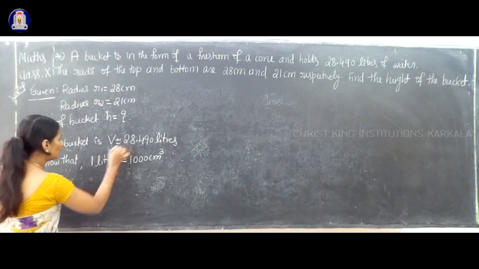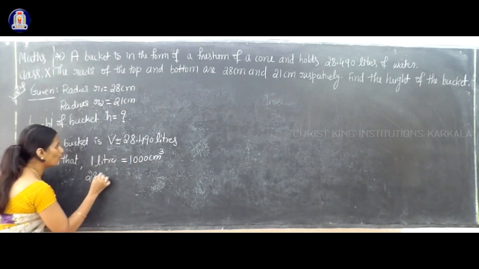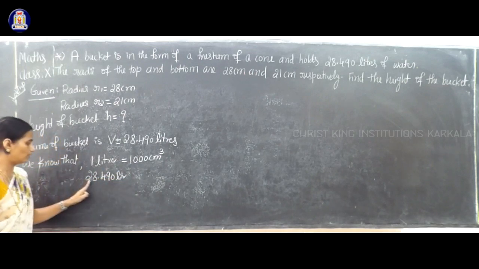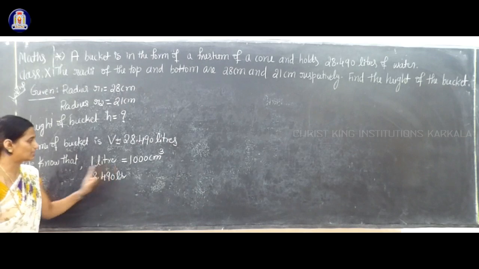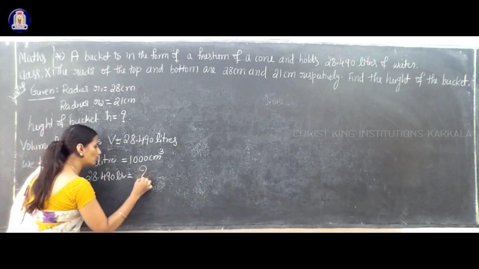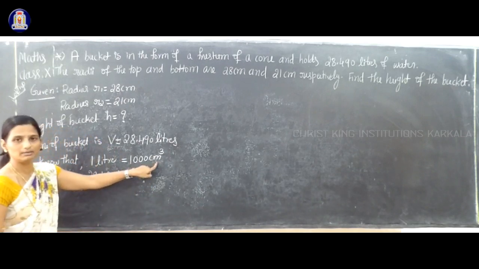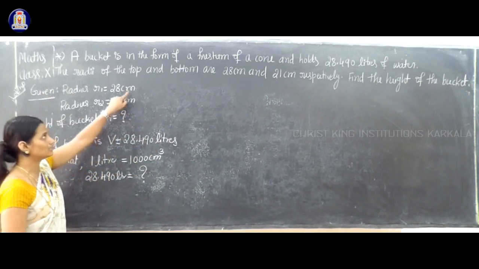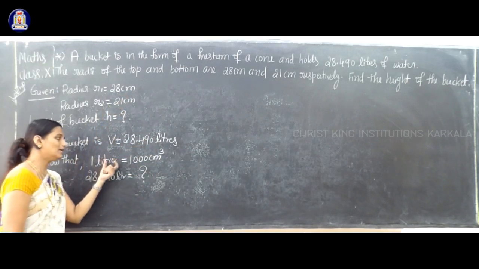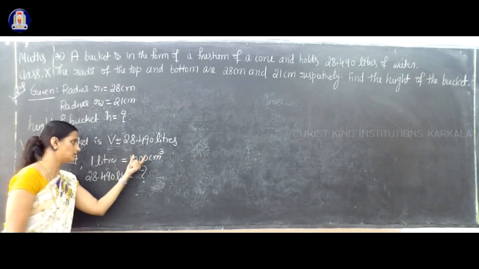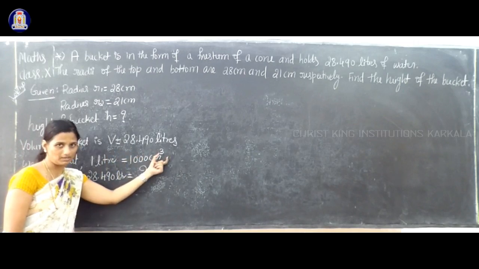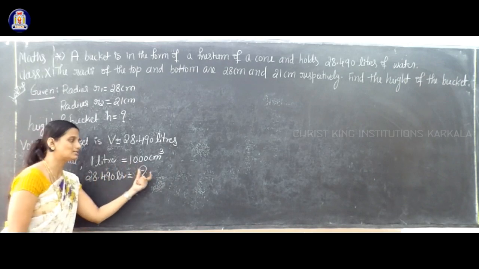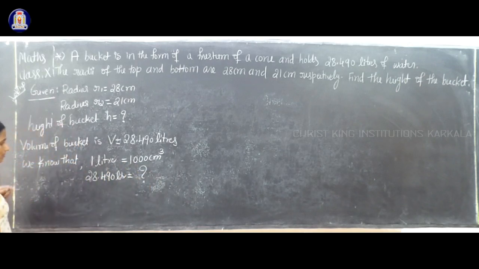So therefore, 28.490 liters is equal to how many centimeter cube? Clear? You know the relation between liter and centimeter: 1 liter is equal to 1000 centimeter cube. So 28.49 liter is equal to how many centimeter cube?